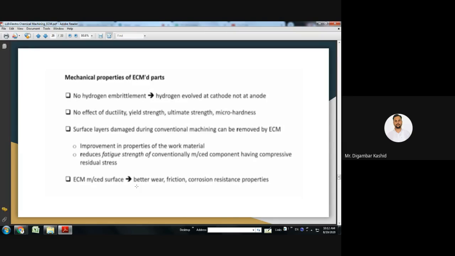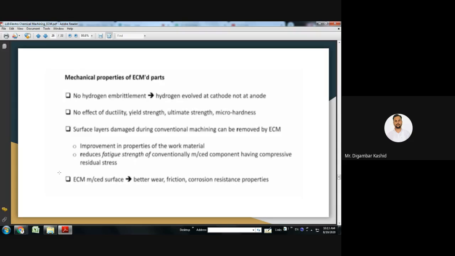All these points we got from research papers. I repeat, the surface finish produced by electrochemical machining may be a source of fatigue property reduction, and the surface generally has better wear, friction and corrosion resistant properties.